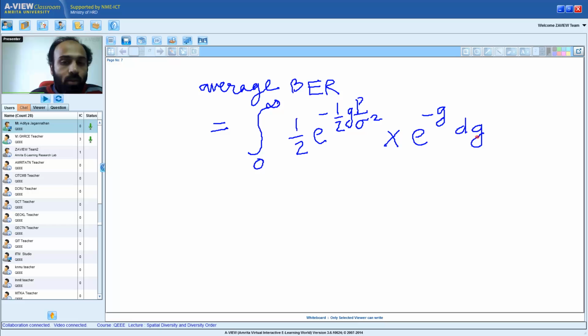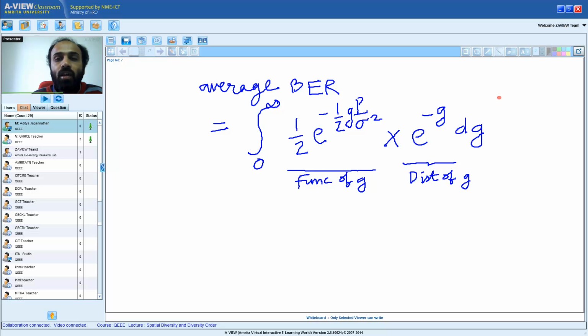Okay. So what am I doing here? I have the bit error rate, which is a function of G. This is the distribution of G. So I am multiplying this bit error rate, which is a function of G, with the distribution of G. I am taking the product dg and then I am averaging, basically integrating from 0 to infinity.